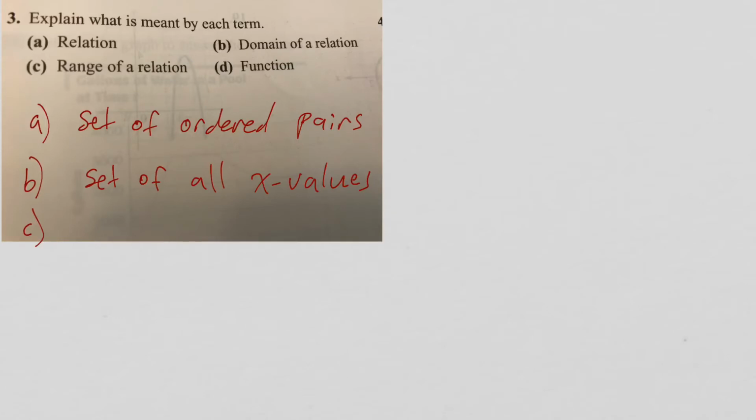The range is the set of all the y values. And finally, a function is a collection of ordered pairs that all have unique domain values. Another way of saying that is a collection of ordered pairs where each domain element is paired with one and only one range element.